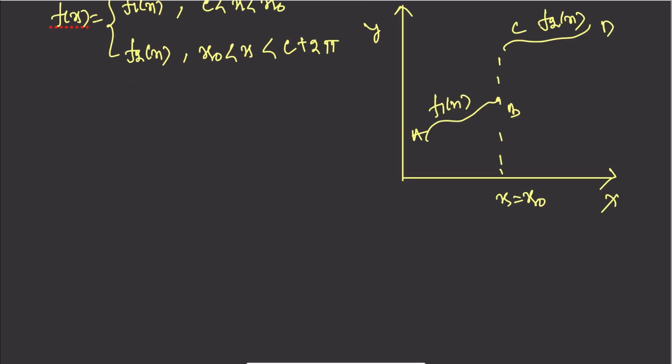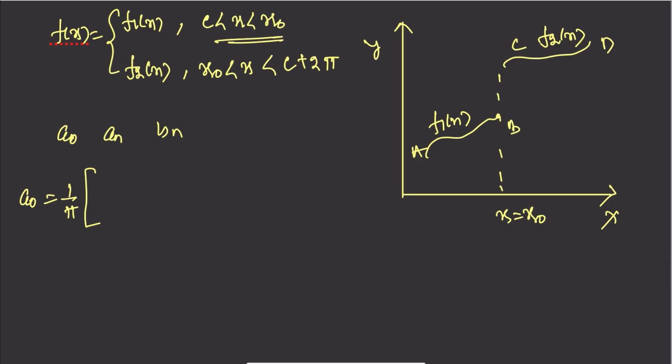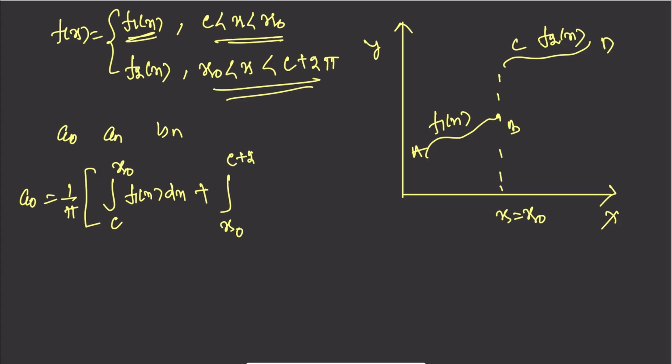For a discontinuous function, the values of a0, an and bn are evaluated by a0 equals 1 by pi. The first limit is c to x0, so integration from c to x0 and the function is f1 of x dx, plus the second limit is x0 to c plus 2 pi, so integration from x0 to c plus 2 pi and the function is f2 of x dx.